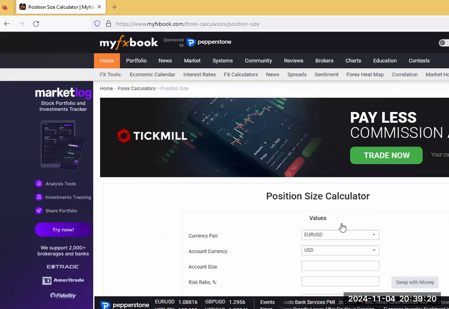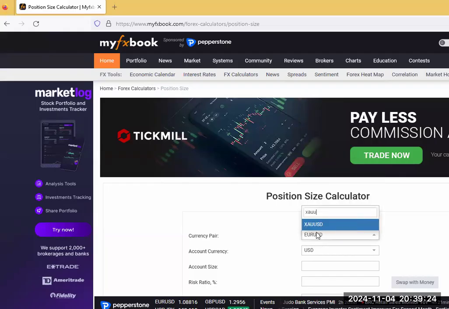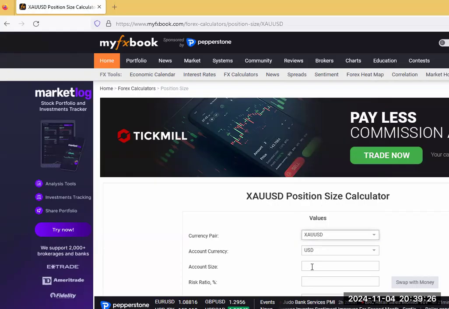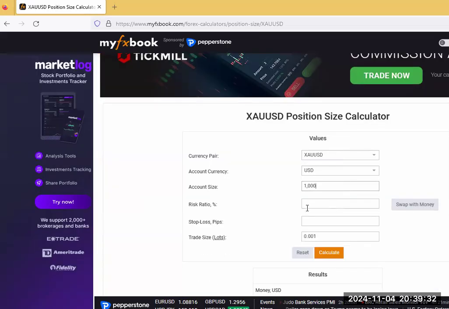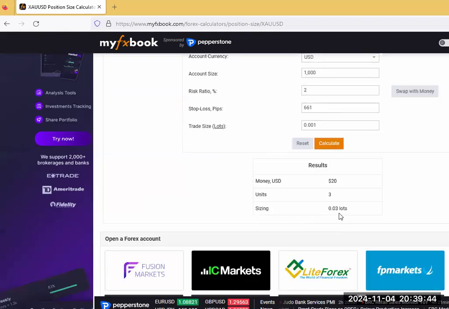So this is for gold, XAUUSD. I'll put in the account size. If my account size is $1,000, for instance, I want to risk, let's say, 2% of my account. The stop loss is 61, right? I'll just press calculate, and the thing will tell me how many lots I should put. So it's telling me to use 0.03.